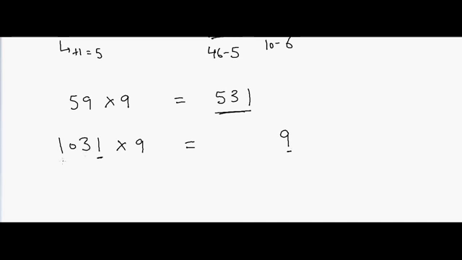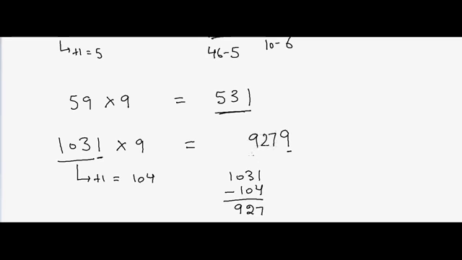Then I have 103, so 103 plus 1. So I'll take this and add 1 to it. That will be 104. And then I have to subtract 1031 minus 104. So this could be a little tricky for some people, but if you look, it's not that hard. It's 927. So the answer will be equal to 9279.